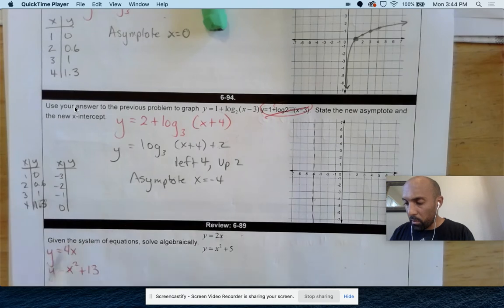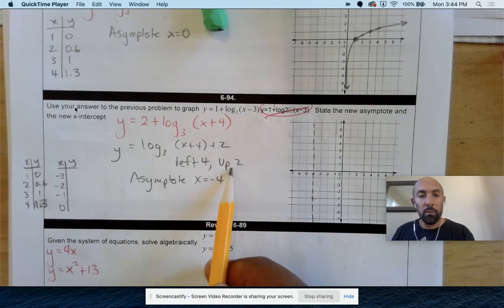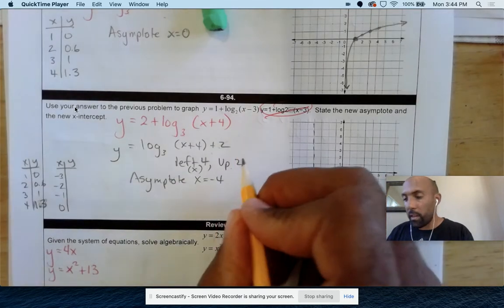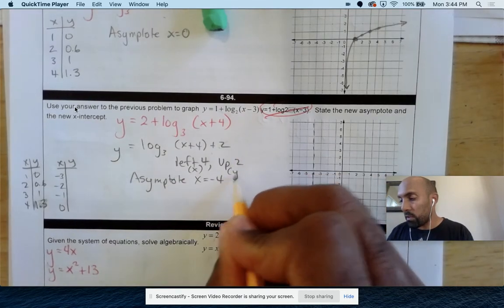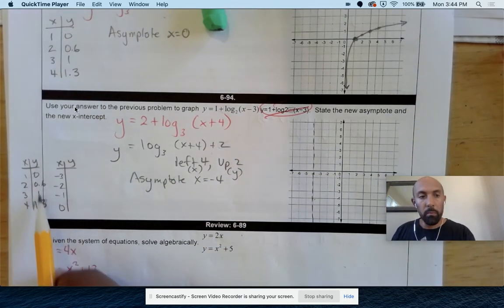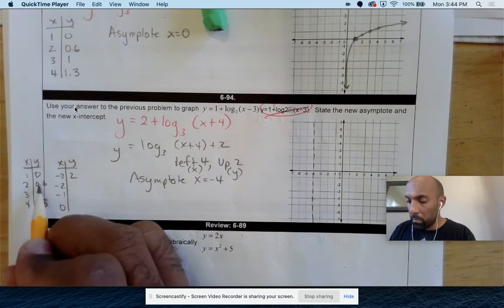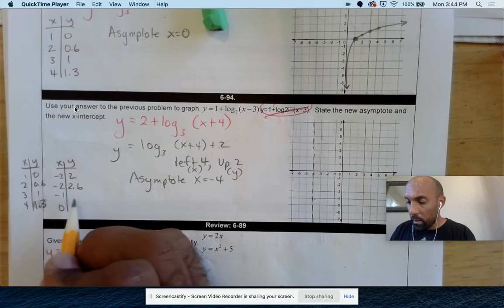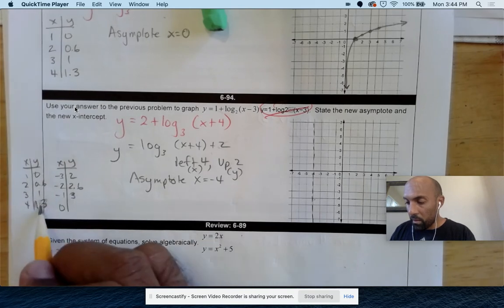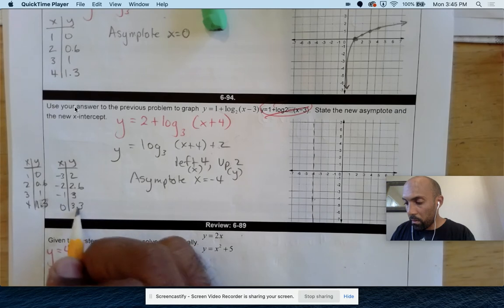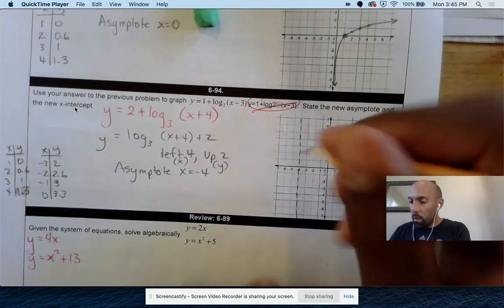Okay, and then the y values, because remember the left and right shift is changing x values, and the up and down shift is changing y. All these are going to add 2. So that's going to go from 0 to 2. 0.6 plus 2 is 2.6. That will move to 3. And then this will go to 2 plus 2, so that'd be 3.3. Okay, so I'll just graph my new points.